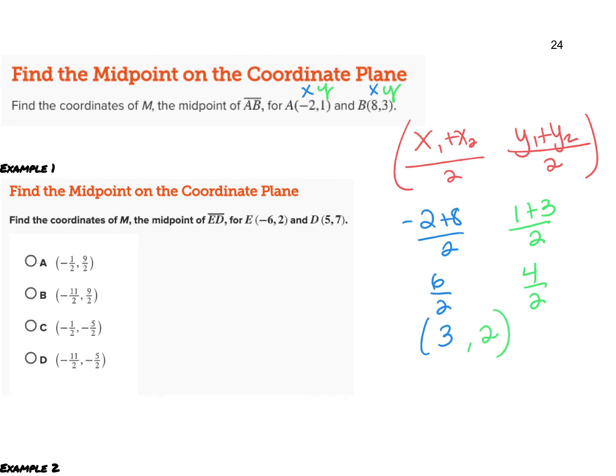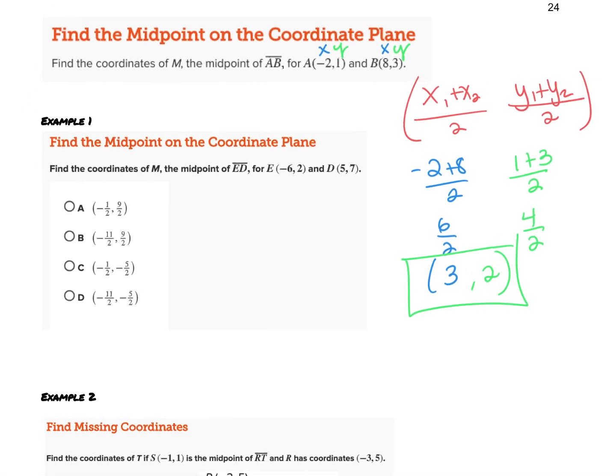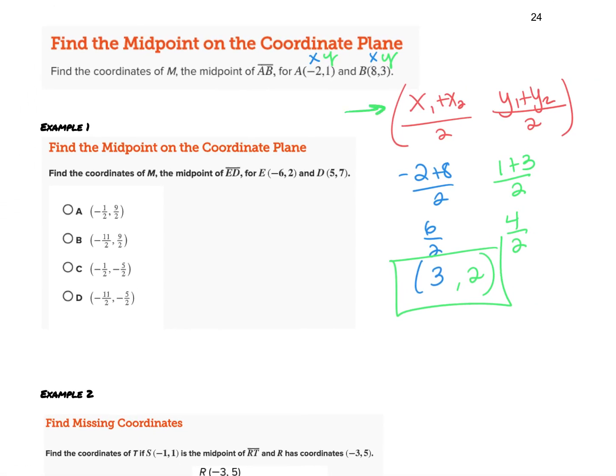So if we were to graph AB, we would find that at the coordinate 3, 2 would divide that line segment in half. Okay? So using the formula, this is your midpoint formula right here.